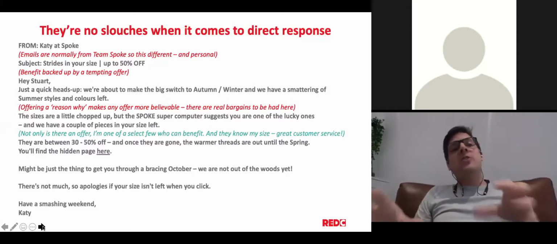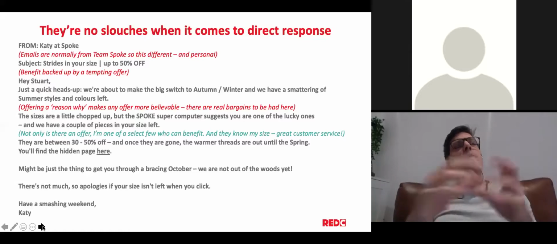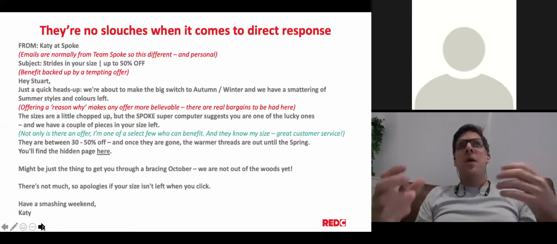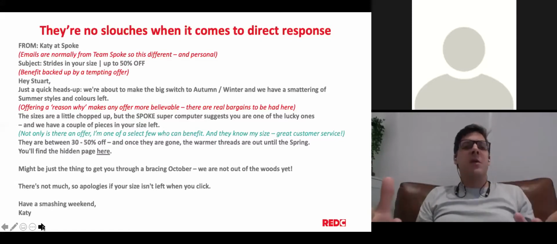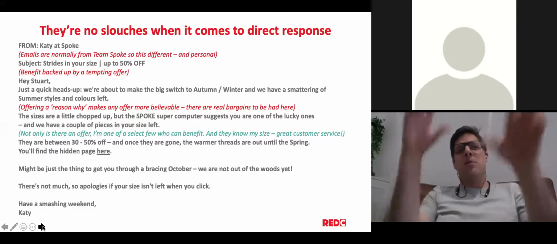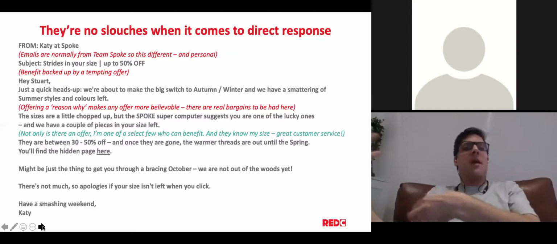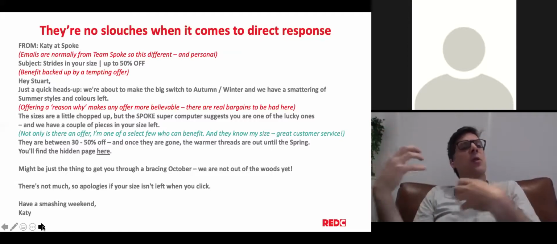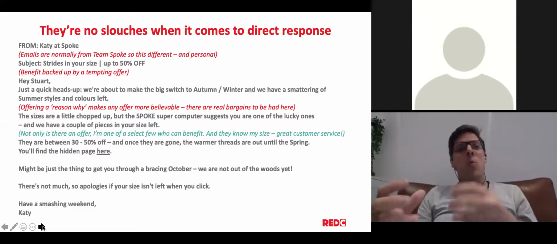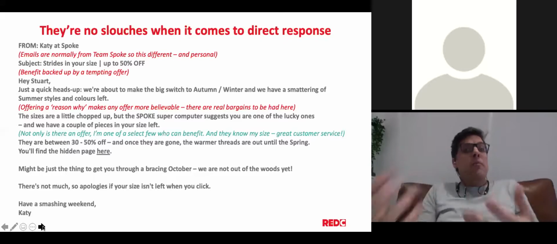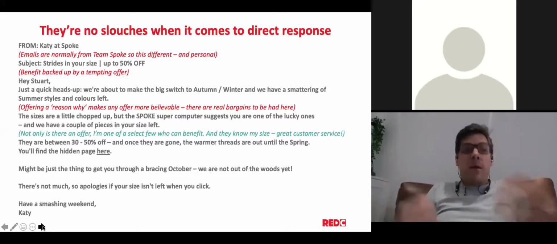I should say, one of the Spoke propositions, if you like, is built around fit. When you first sign up with them, you do all these measurements of yourself, and they work out what's a perfect fitting pair of trousers for you. So this whole thing is built on the idea of we know what your size is, and therefore we can tailor things to you. Brilliant use of data, but above all, great customer service.